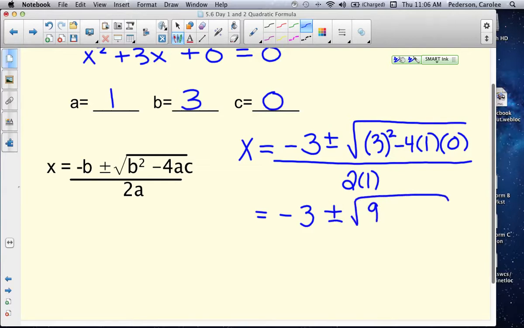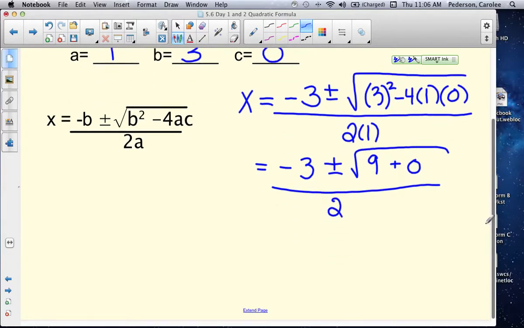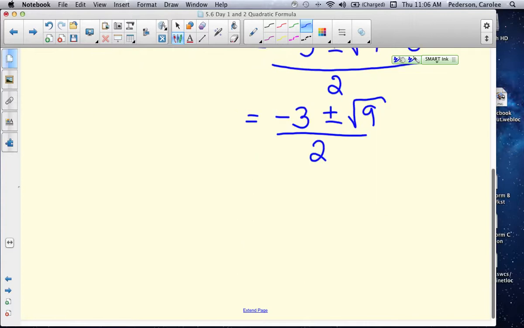And then -4 times 1 times 0 is just 0. Reduce again. 9 plus 0 is 9. Now we can reduce that radical. When we square root 9, we get 3.